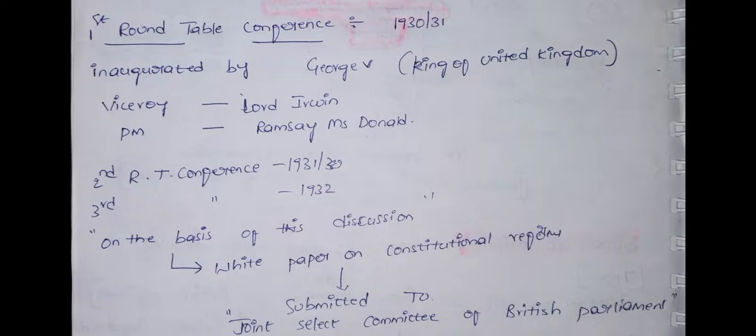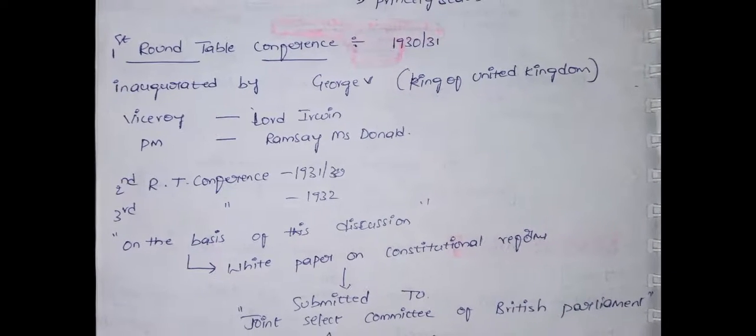These 3 round table conferences were inaugurated by George V, the king of the United Kingdom at that time. The first round table conference was in 1930-31, the second in 1931, and the third in 1932. At that time, the Viceroy was Lord Irwin, and the PM of the United Kingdom was Ramsay MacDonald.